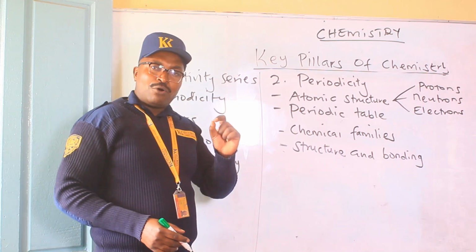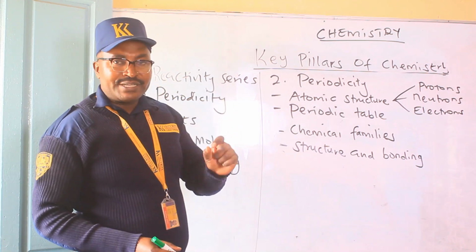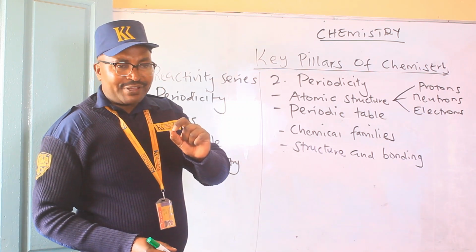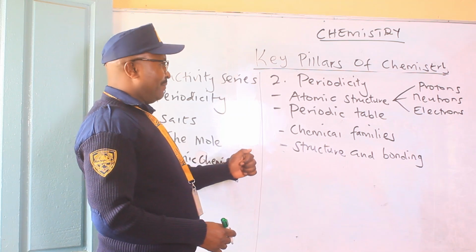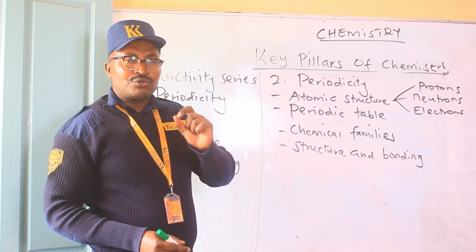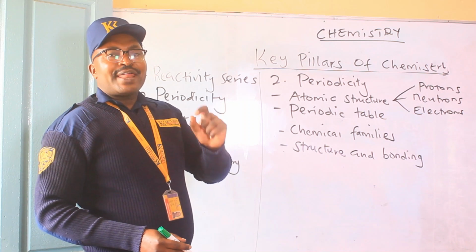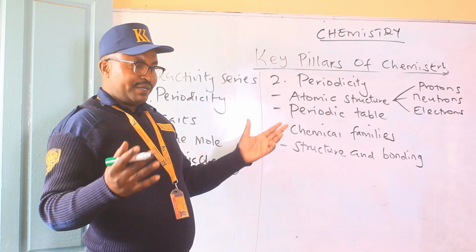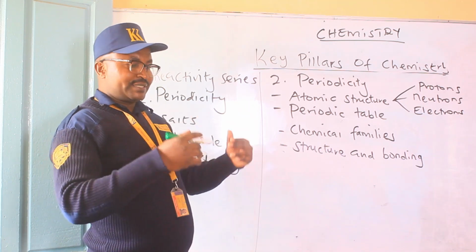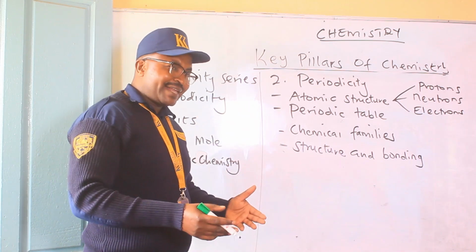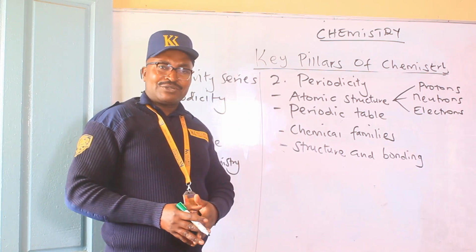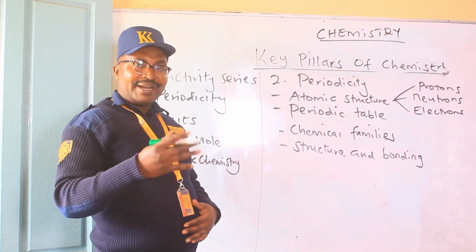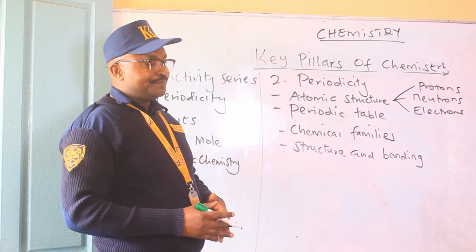Then also you are able to write the chemical symbols of these elements, and then the electronic configuration of these elements will help you also to be able to know their valences, because we know there are those elements that will react by gaining electrons, others will react by losing electrons. So whatever is lost or gained, that basically is the valency of that element.